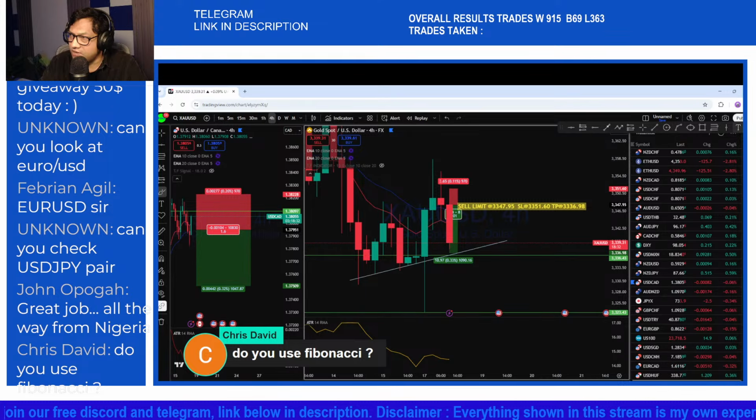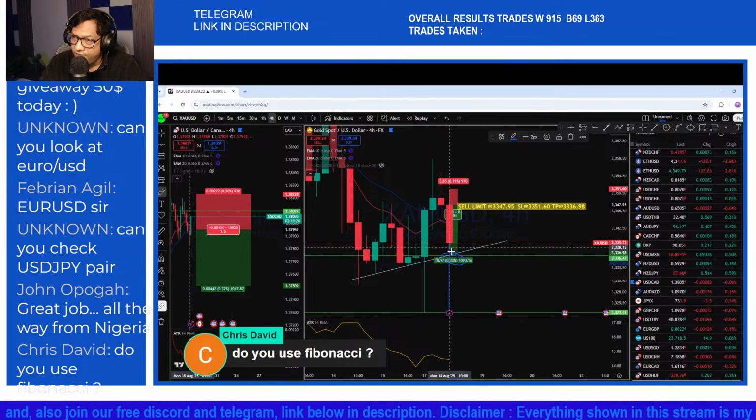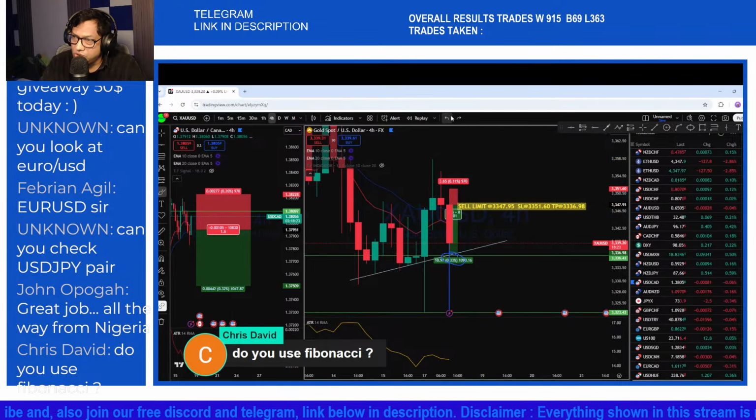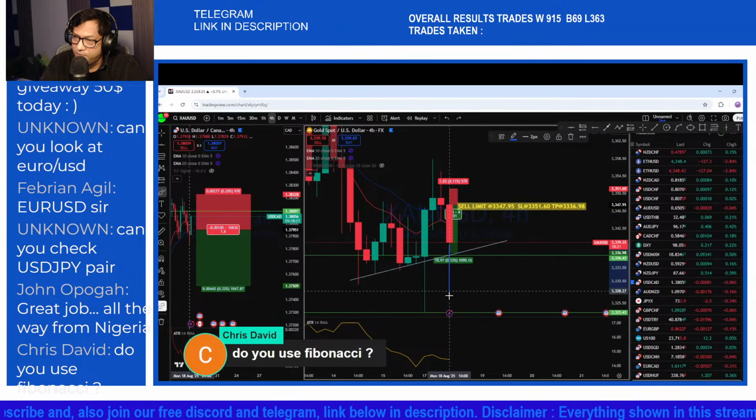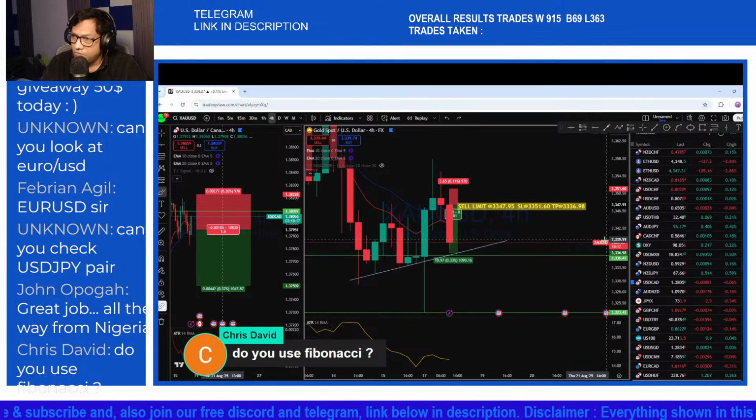Now this market may continue to drop here or continue to drop here. From here we could see another bounce, or we could see that complete break below here and then bounce back again to the upside.